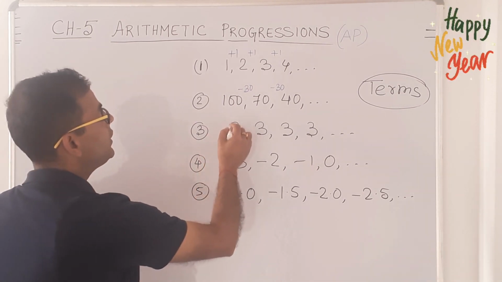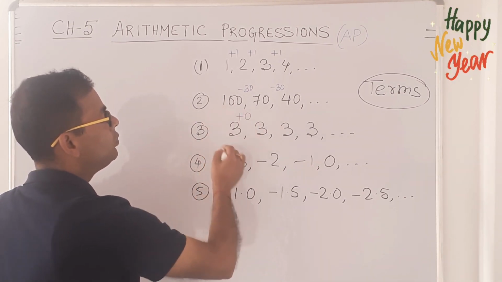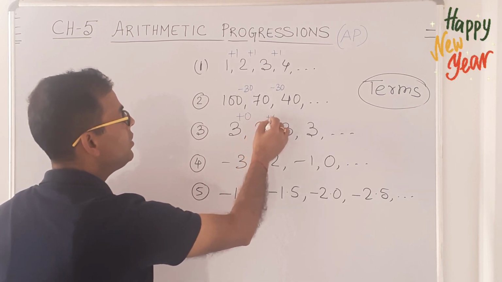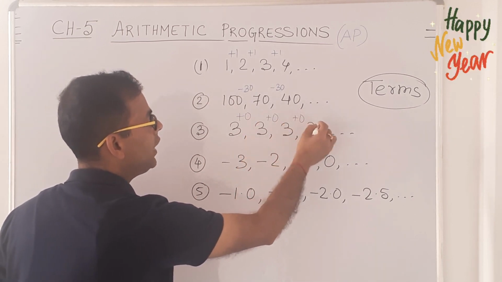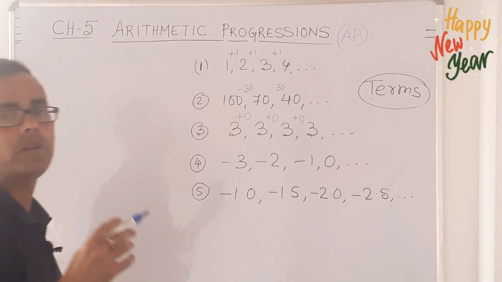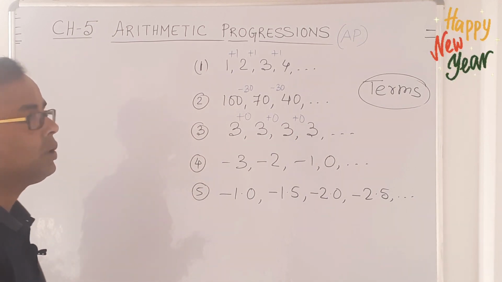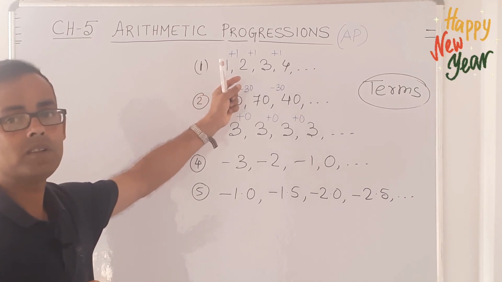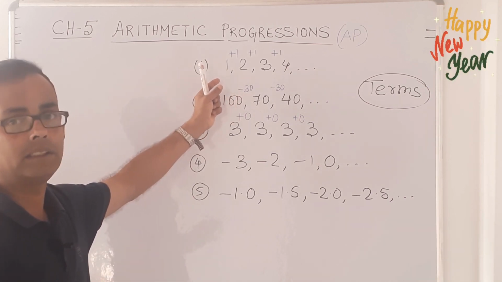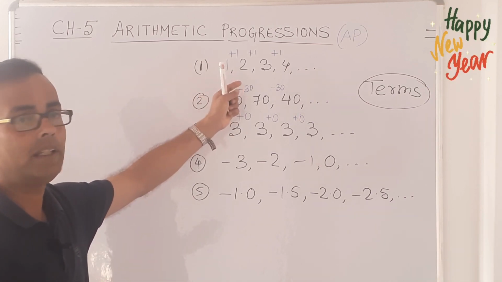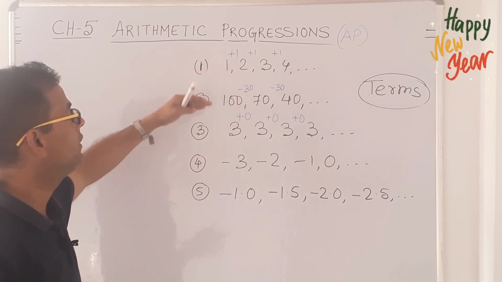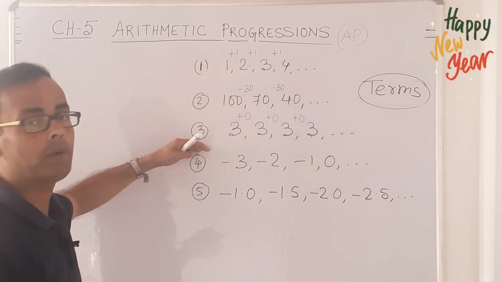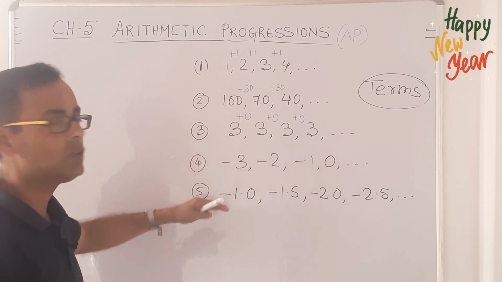We are adding 0, again adding 0, again adding 0, so it will be 3, 3, 3, 3. So I told you a pattern is there. This is also one pattern, and this is also one pattern.